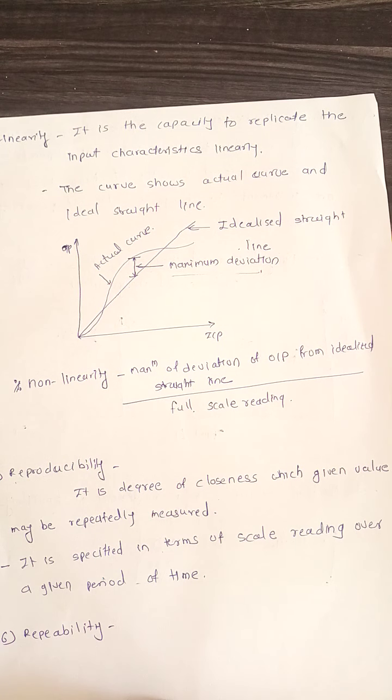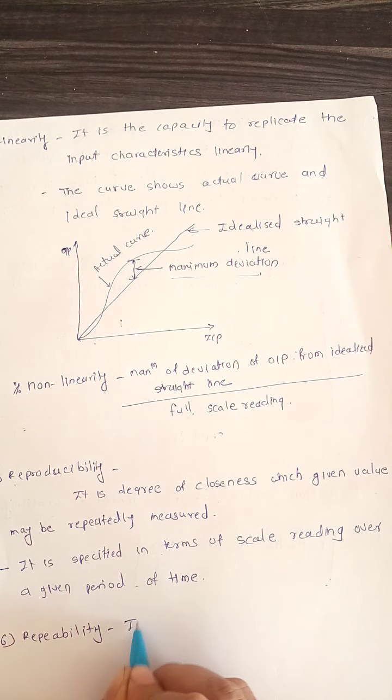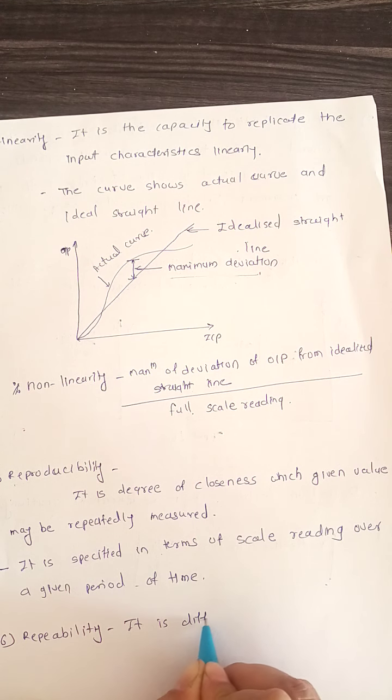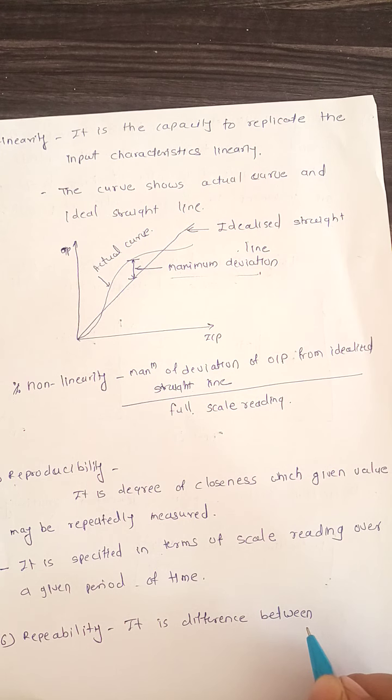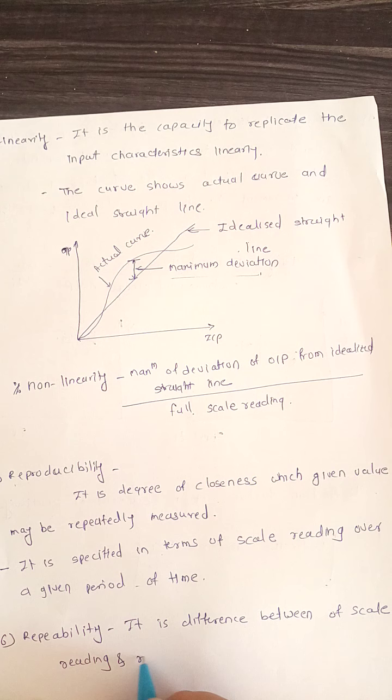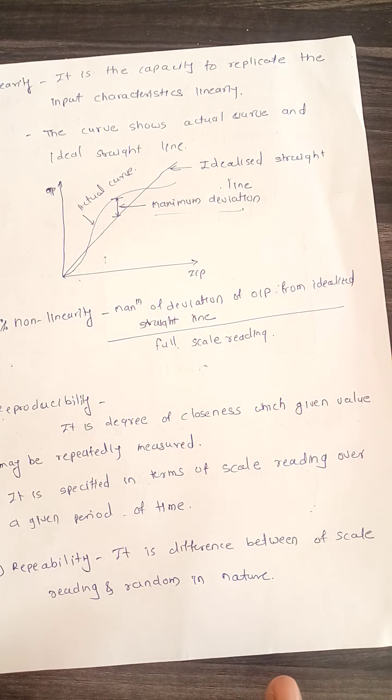What is the repeatability? It is defined as the difference between the scale readings, and it is random in nature. This is the repeatability.